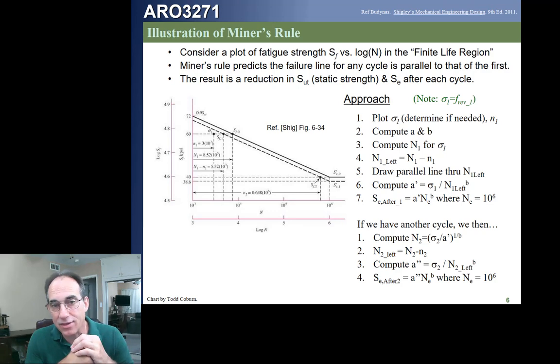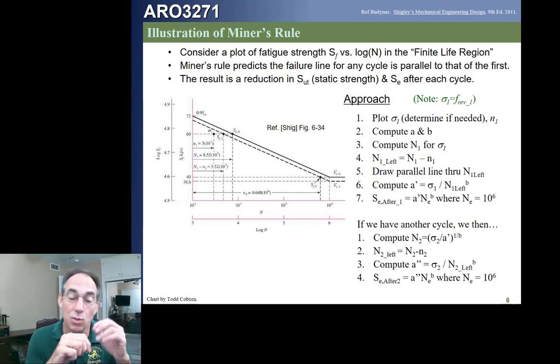Regardless of which method you use, you're going to get the exact same answer if you do it correctly. However, this method is much harder to apply for most people, and if you make a mistake, it's harder to unravel how much effect that had. So you will probably lose more points if you use this method and don't get it right than you will if you use Miner's regular method. Okay, you hear that? All right.